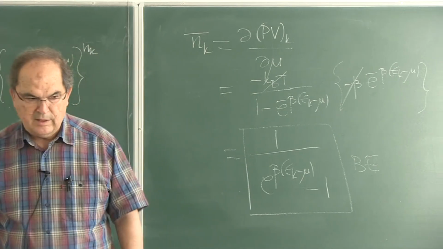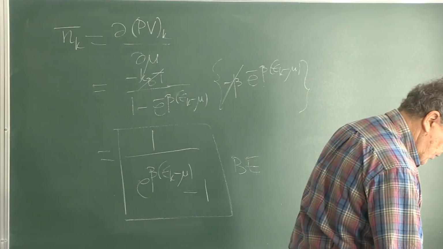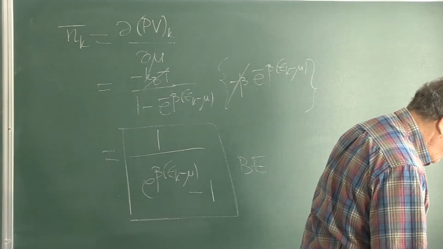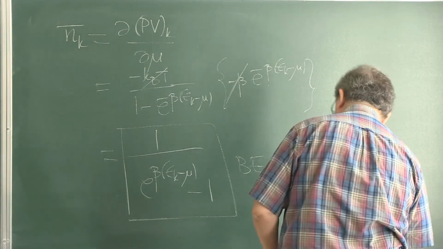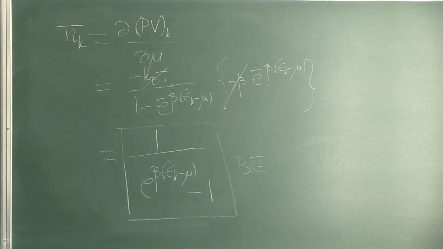The classical particles obey Maxwell-Boltzmann distribution, and it is when the exponent is quite large.